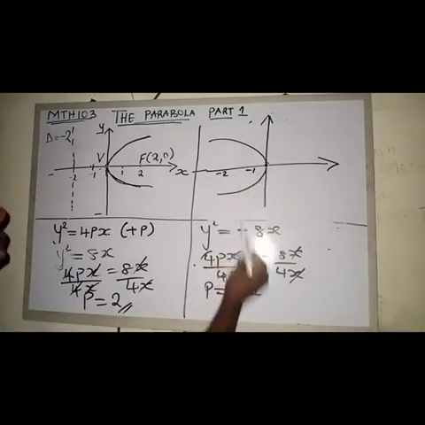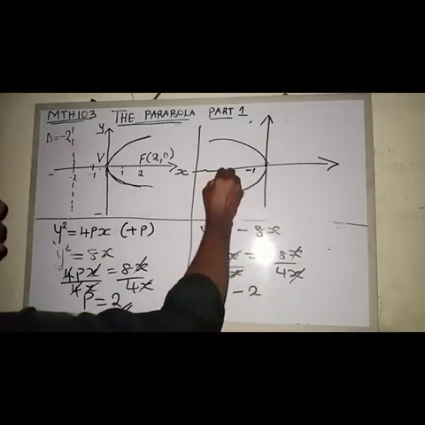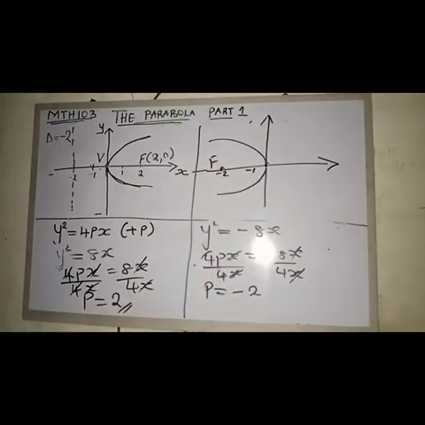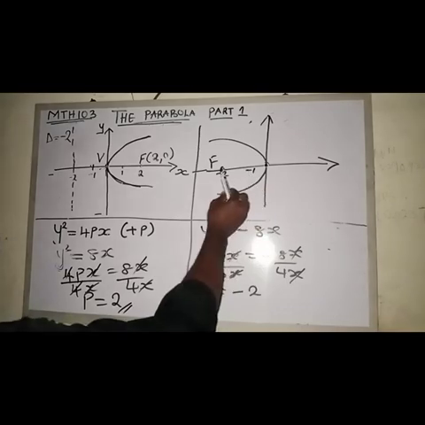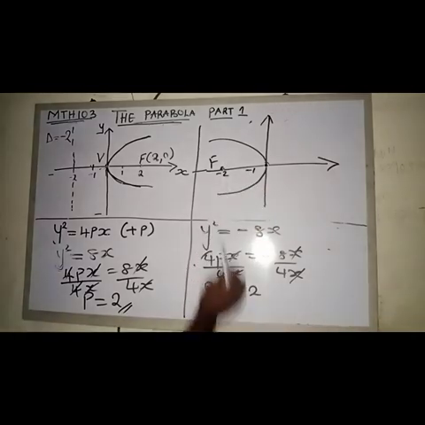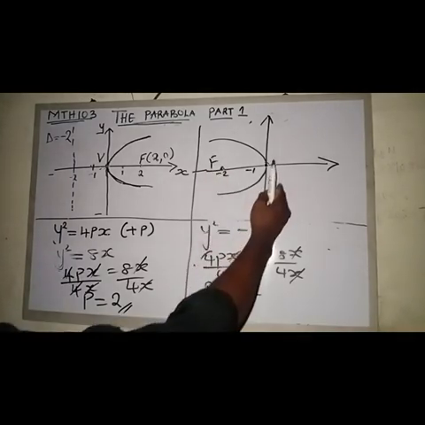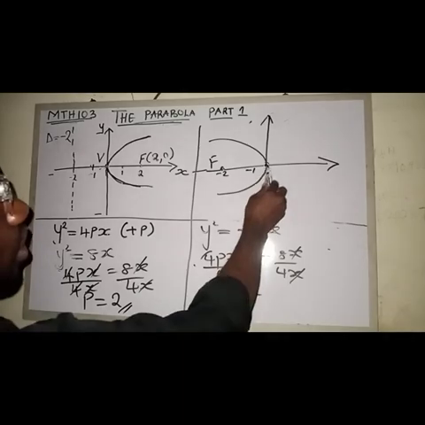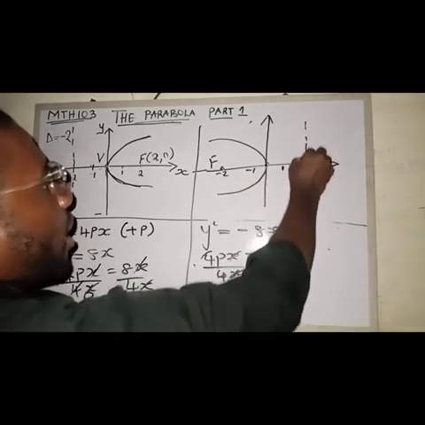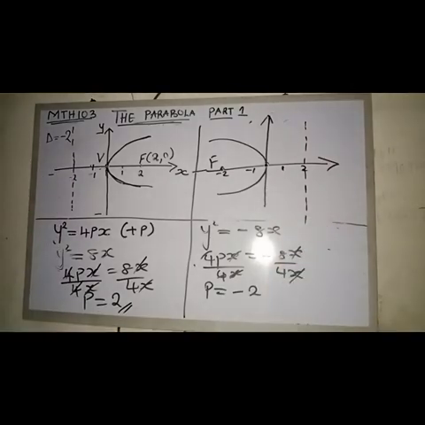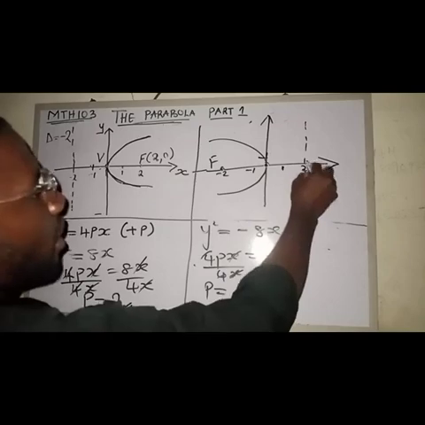So our focus is this, because from here to here is minus 1, from here to here is minus 2. So we got our p to be minus 2. Then our directrix is also 2 units: this is 0, 1 unit, 2 units. So this is our line of directrix.